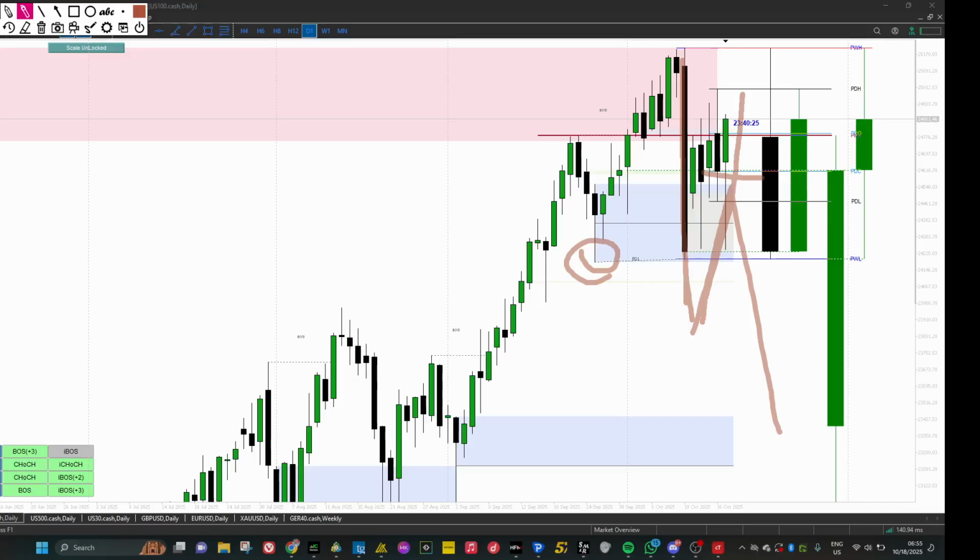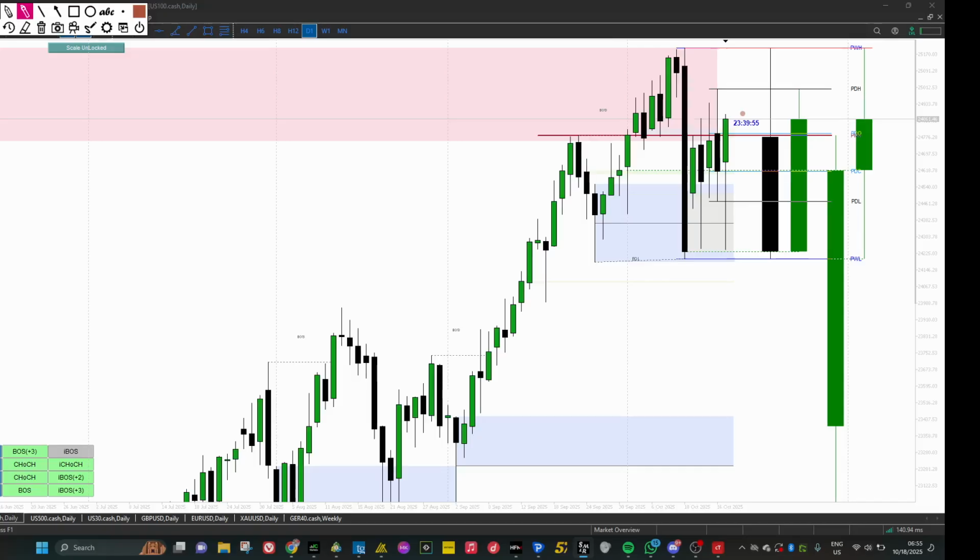We could go all the way back up to here after breaking and then come down, but until I really get a break, I still have a bullish bias. But then again, I trade the current price action. I'm a day trader, so whatever the market is doing on that particular day or in that particular session, that's the kind of trades I'm going to be focusing on.